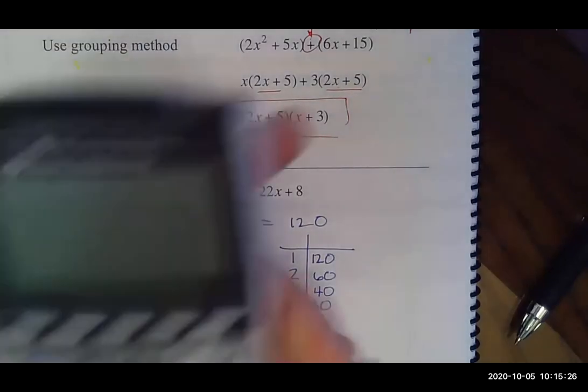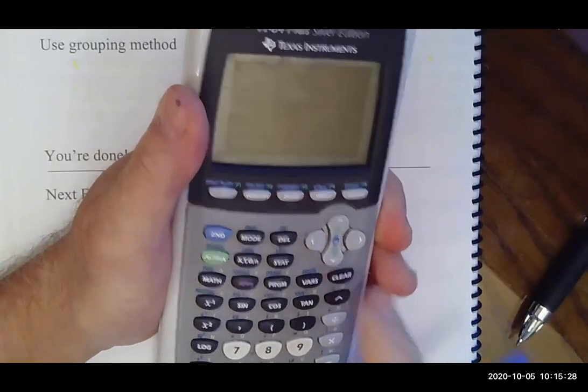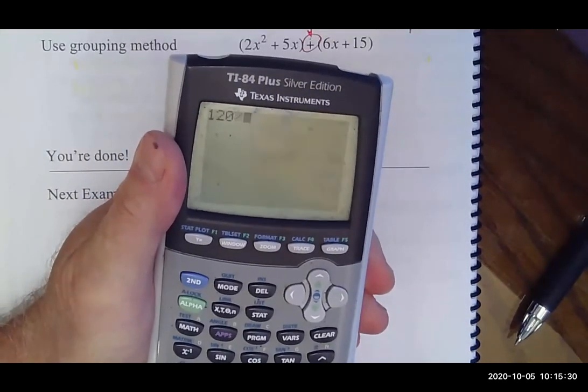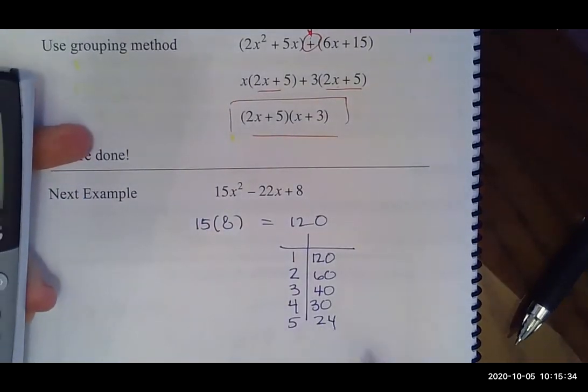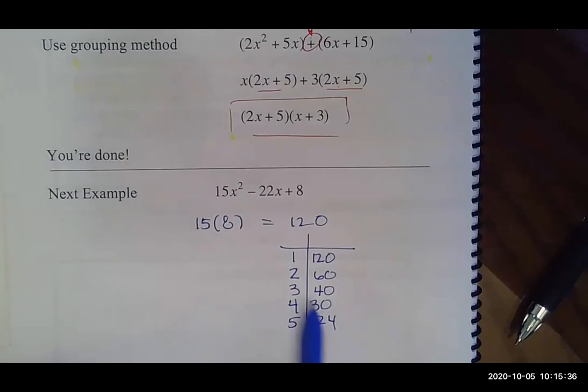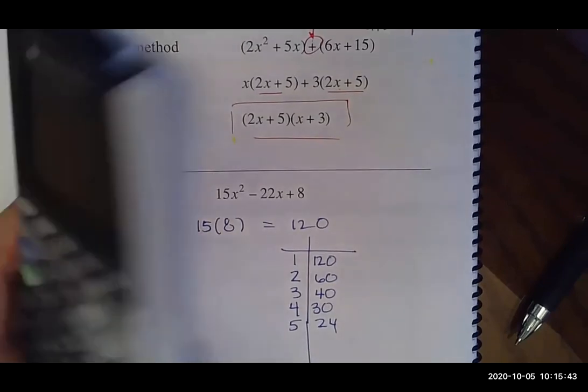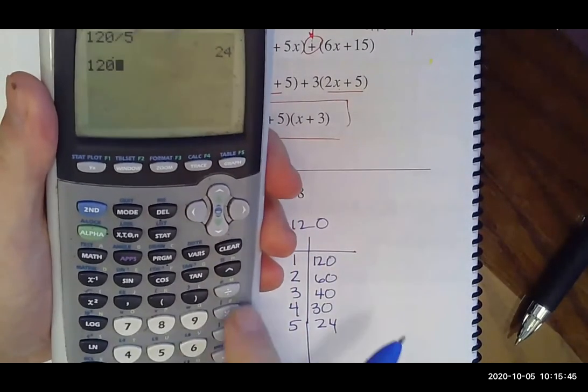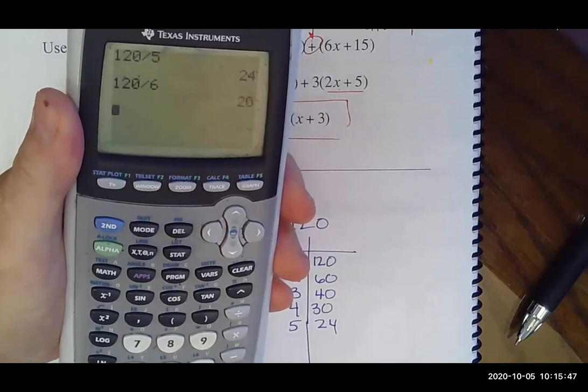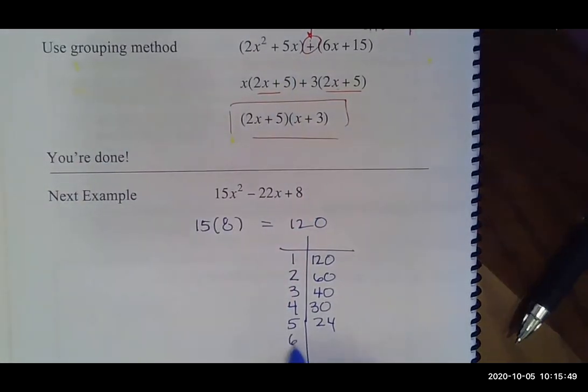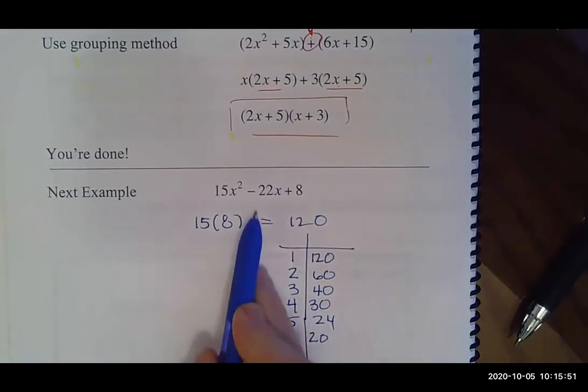I just take my calculator. Oh, 24. I'm still looking somehow for 22. None of these combinations give me 22, so keep going. How about 6? 120 divided by 6, oh yeah, so 6 and 20. That's still not 22.